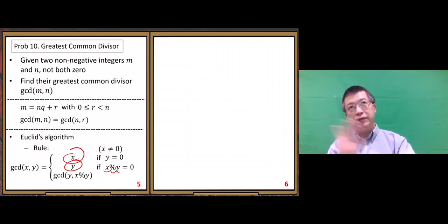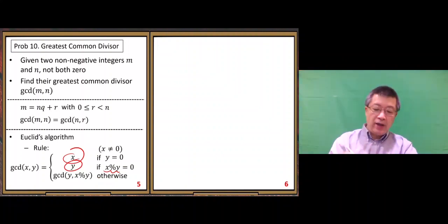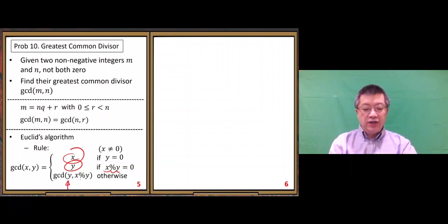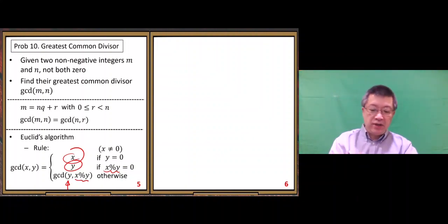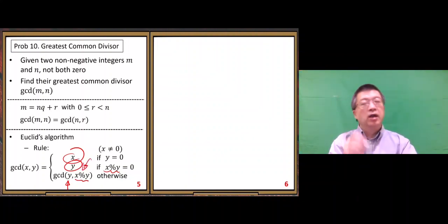Otherwise, in the remaining situation, the first parameter is y and the second parameter is the remainder, using the modular operator, the percent sign, so we get a remainder.